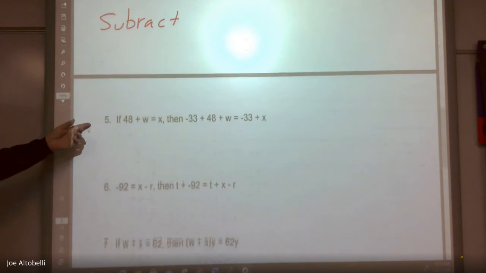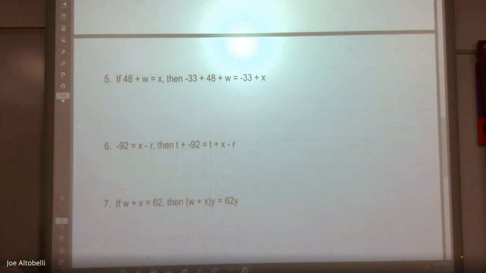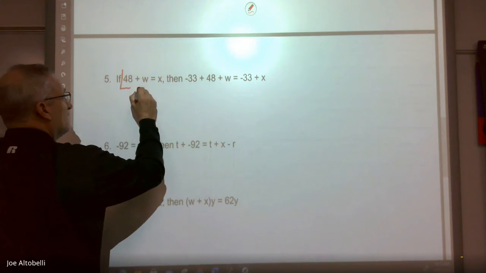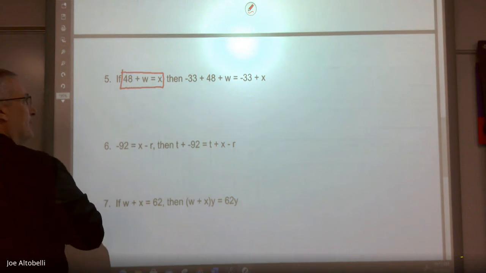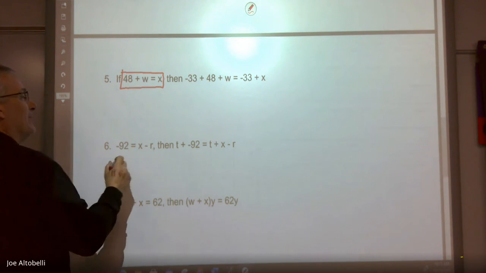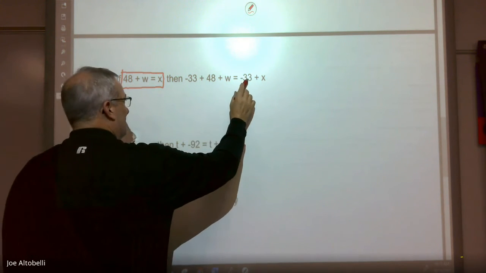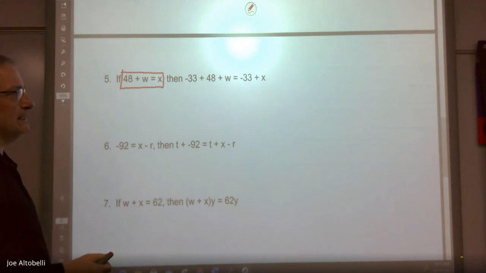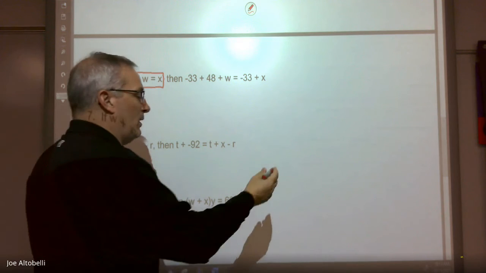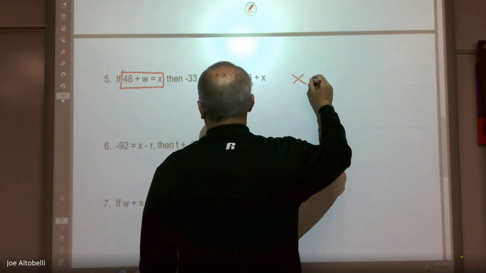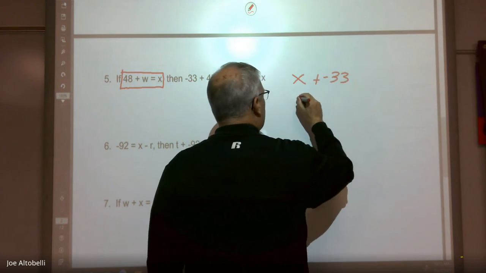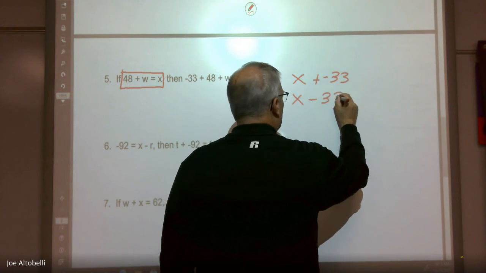Number five. Here is my given equation. Now it has this negative 33, but remember a negative 33, and if we wrote this as x plus a negative 33, that's the same as x minus 33.